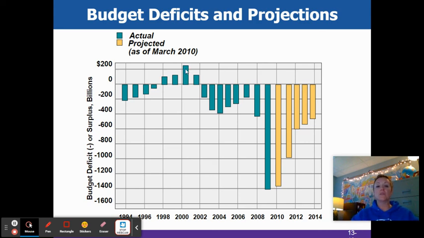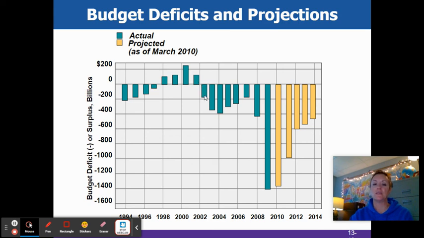That was when Bill Clinton was in the presidency and the Republicans controlled Congress. And so we had a true bipartisan agreement to decrease the size of the government to allow this surplus that would balance the budget and would pay off our debt. Unfortunately, we have not run another surplus since that time, since 2001.